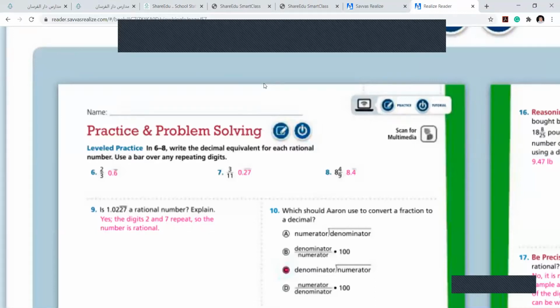And if the remainder is not 0, and it is repeating, it's called a repeating decimal. We have terminating decimal.